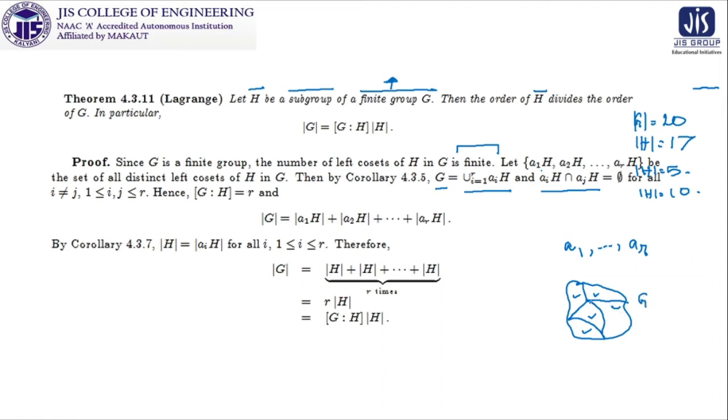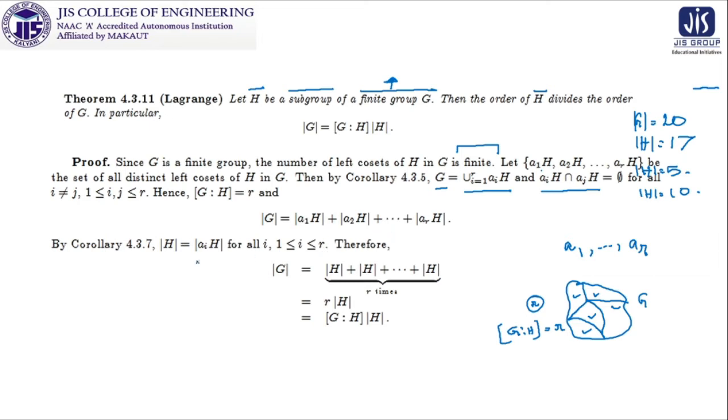This indicates that if G by H has R number of pieces, then the index of H in G will be R. It is mentioned over here. So the number of elements in G is equal to the number of elements in A1H plus the number of elements in A2H, and so on.